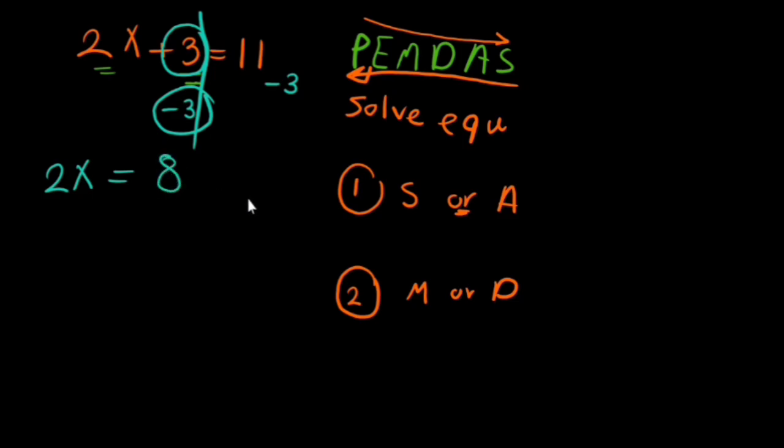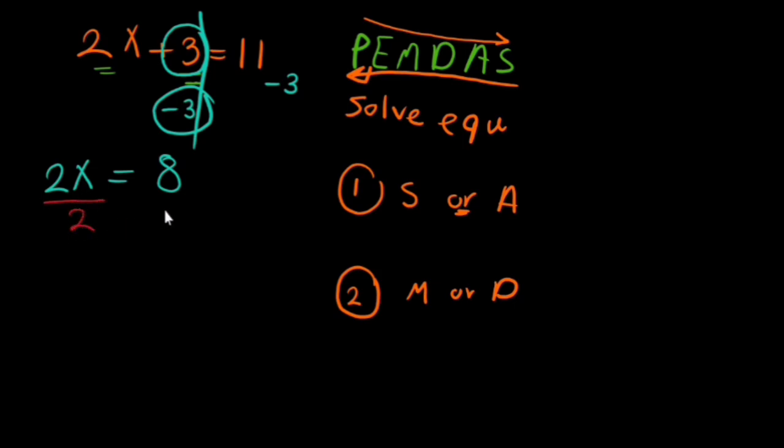Okay, now there is no addition or subtraction in the equation, so we have to go to the second step, multiplication or division. To get rid of multiplication: 2 times x, 2 is connected with x, so I have to get rid of 2. To get rid of multiplication, we have to divide by the problem.